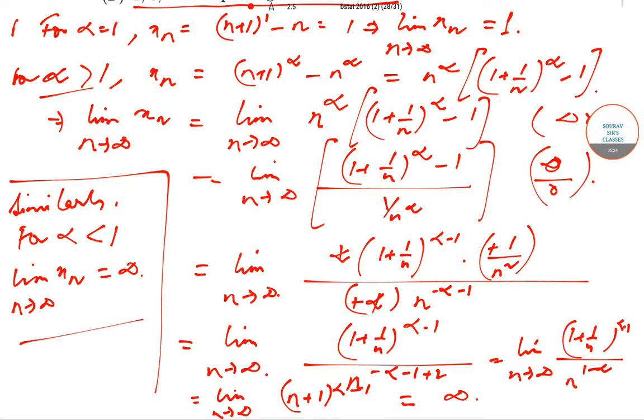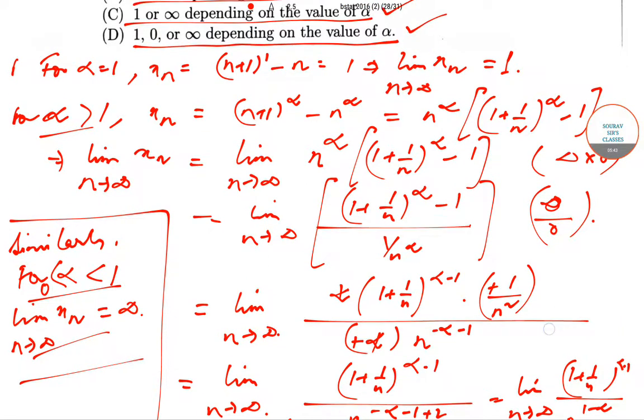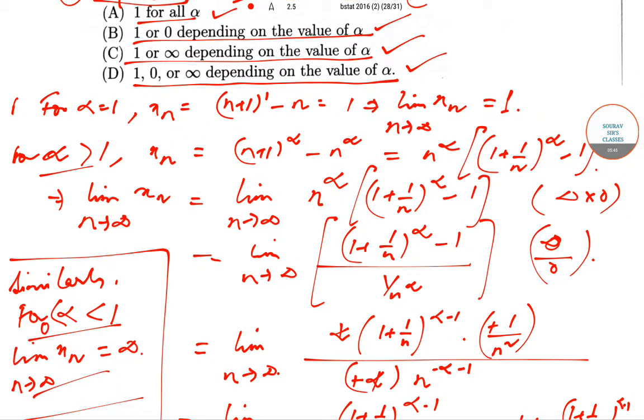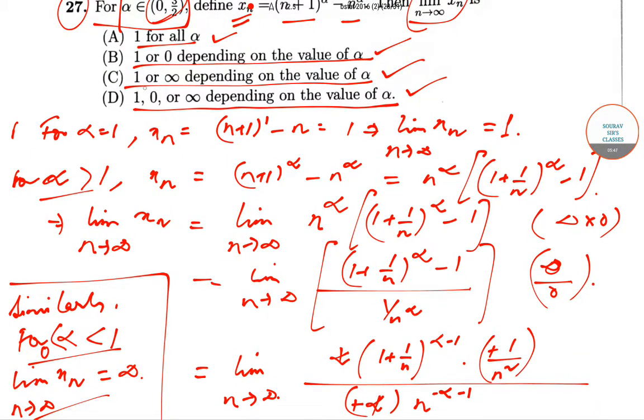So we can see that for alpha equal to 1, the limit of xn is equal to 1, and if alpha lies in the interval 0 to 1, in that case also we can see that the limit of xn tends to infinity. So the option is that the limit of xn tends to the value 1 or infinity depending upon the value of alpha. So option C is the correct option.